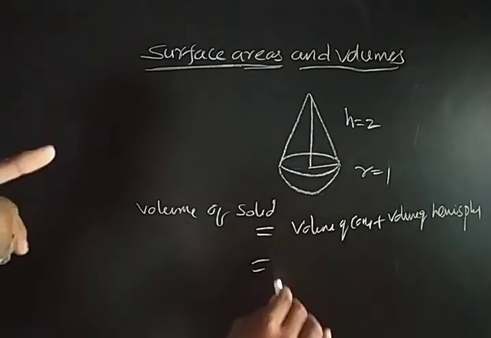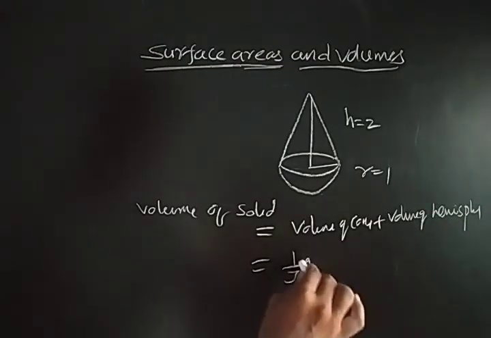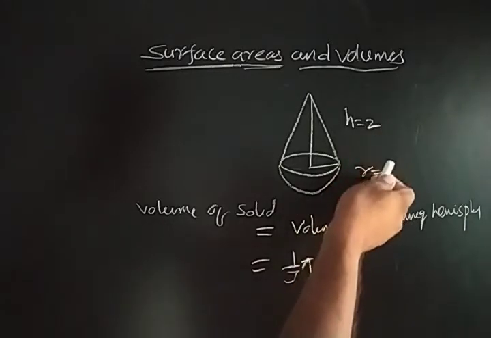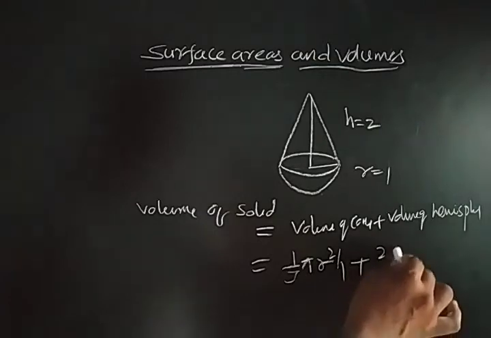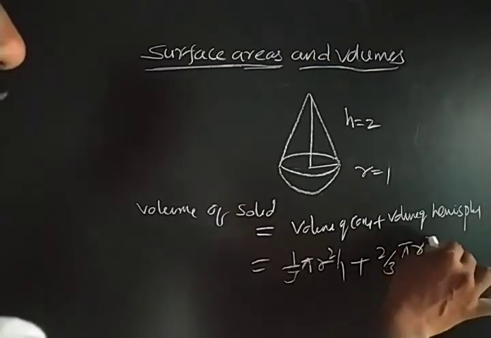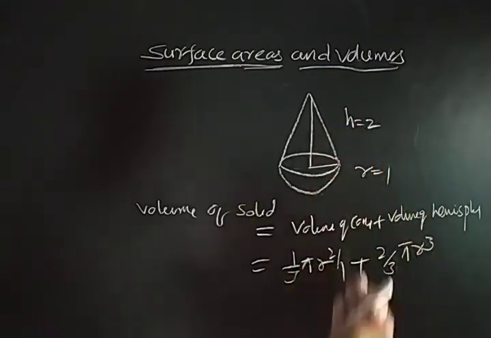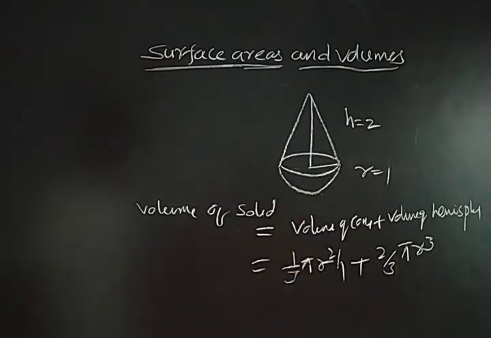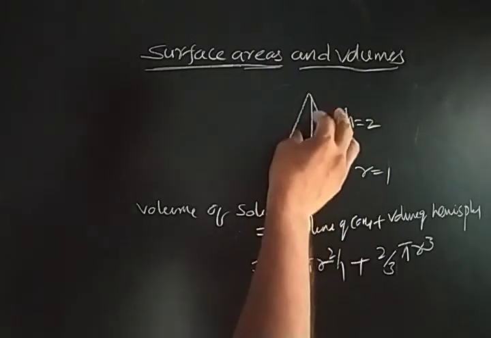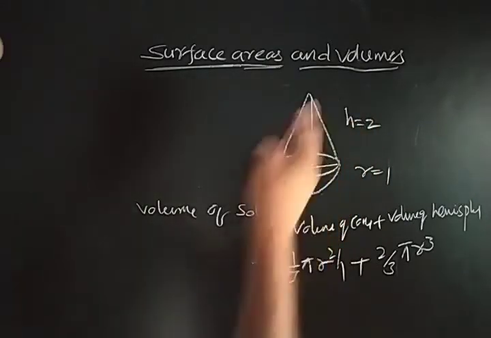What is the volume of cone? 1 by 3 pi r square H. So r is available, H is available, so you can substitute here. And the volume of hemisphere is 2 by 3 pi r cube. So the radius is available in the question. By substituting and simplifying, you will get the volume of this combined solid figure, having two solids, hemisphere and cone.